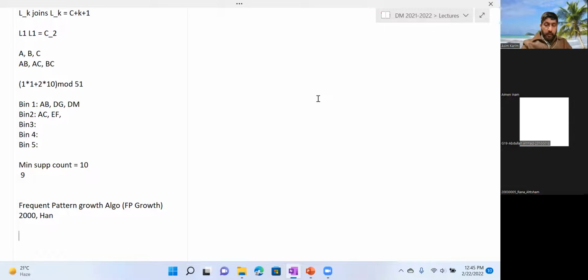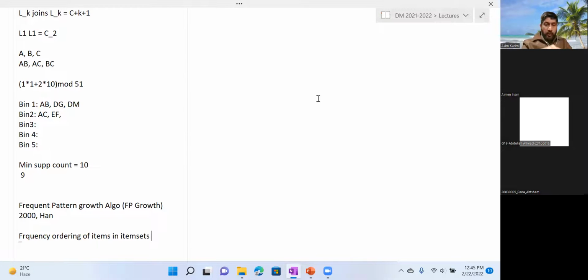So first of all, it uses frequency ordering of items in item sets. If you recall the a priori algorithm, it uses a fixed, what we call lexicographic ordering of items in item sets, while in the FP growth algorithm, we use a frequency-based ordering.